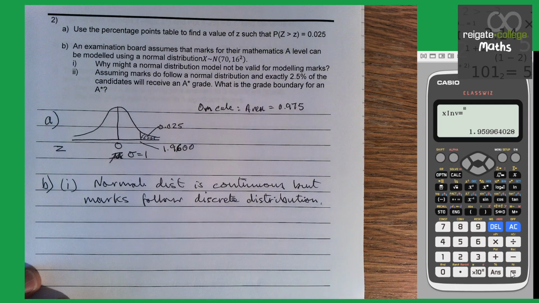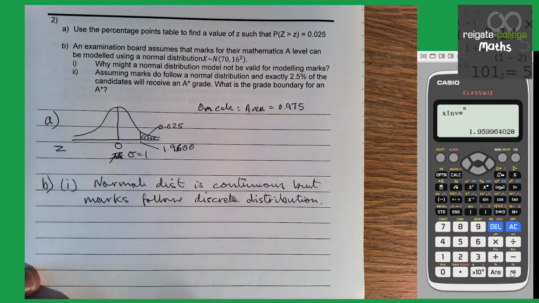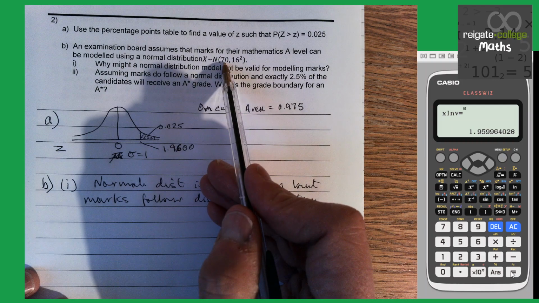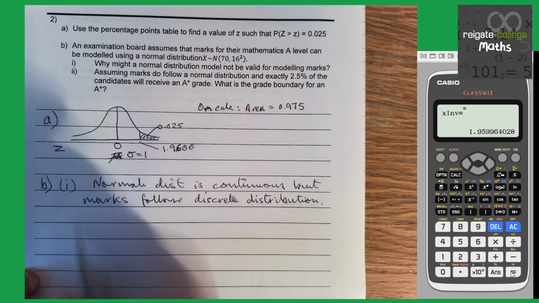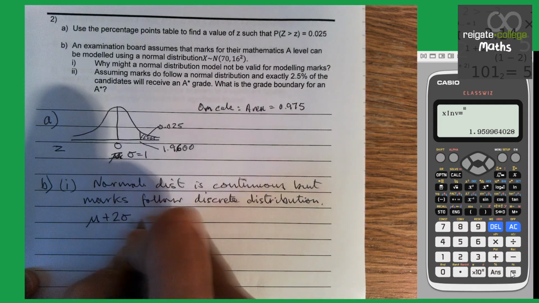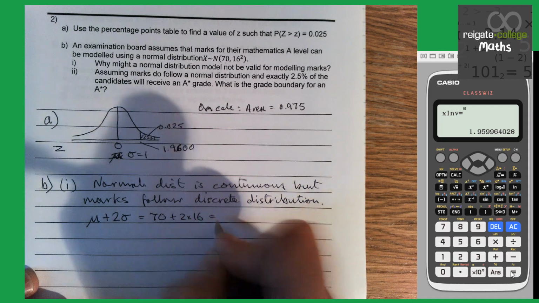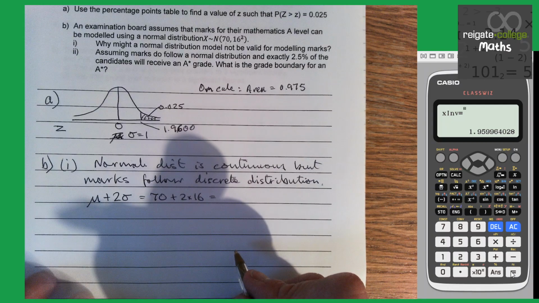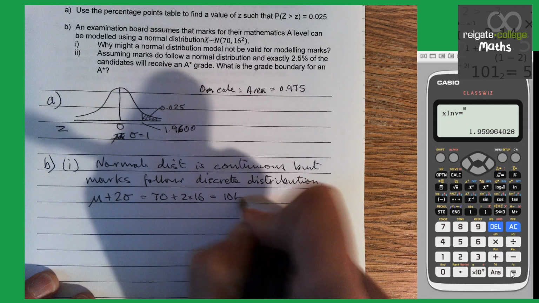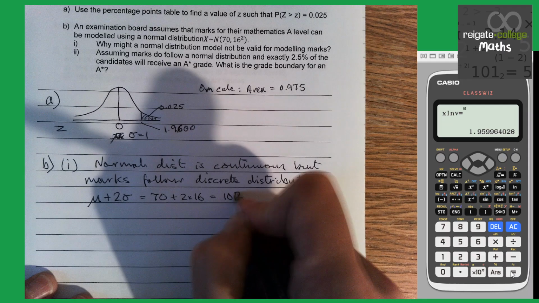What we can say though is that if we go 2 standard deviations above the mean, so 2 standard deviations above 70, we're going to say mu plus 2 times sigma is equal to 70 plus 2 times 16, which is 104, sorry, it's 102, isn't it?